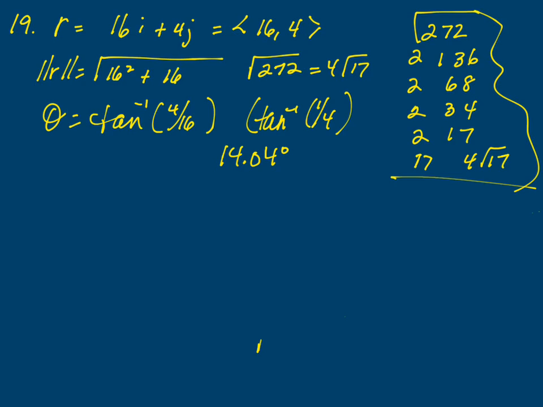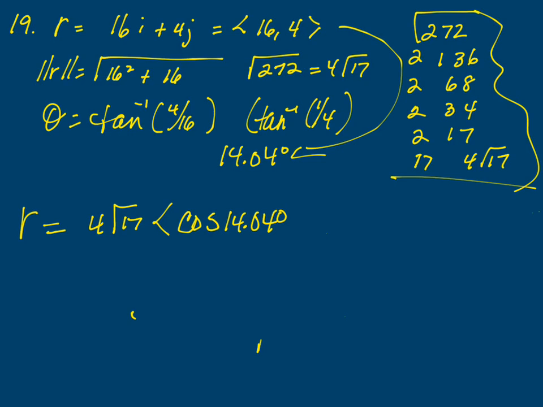Okay, and it's in quadrant 1, and that's in quadrant 1, so it looks like we're in business. This would mean r is equal to 4 square root of 17 times the vector cosine 14.04 degrees, sine 14.04 degrees.